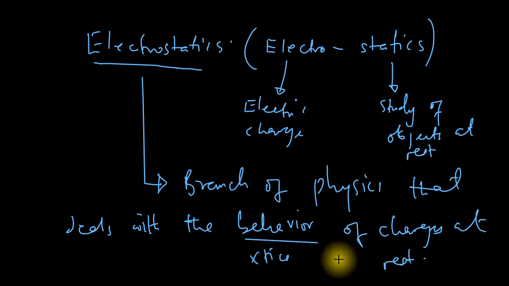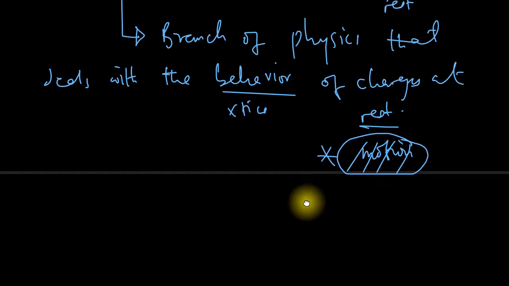Charges have very interesting properties when they are at rest than when they are in motion. When charges are in motion, they constitute an electric current, which is not the case when the charges are at rest. So in this course, we will not concern ourselves with electric current. We will study what happens when charges are at rest. That's electrostatics, the branch of physics that deals with the behavior of charges that are at rest.